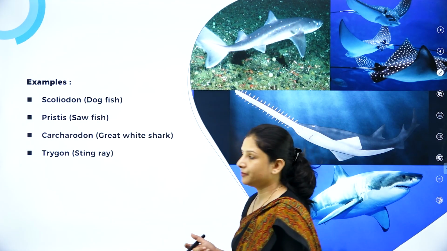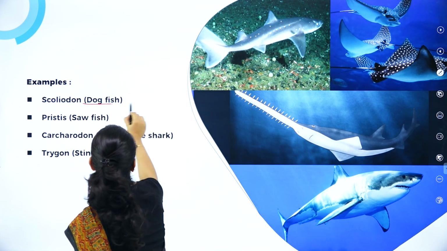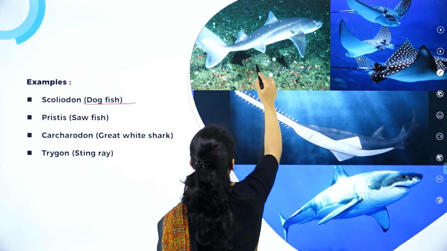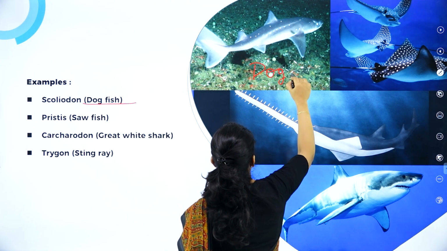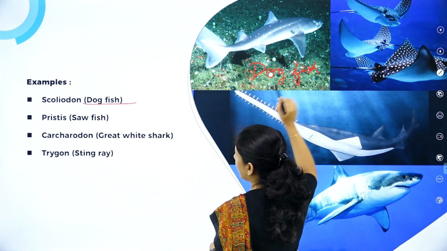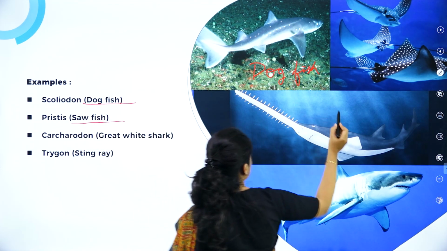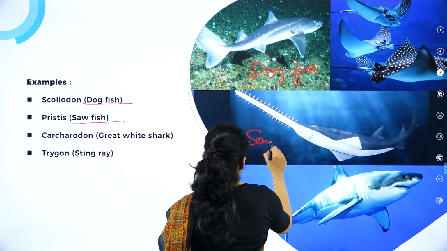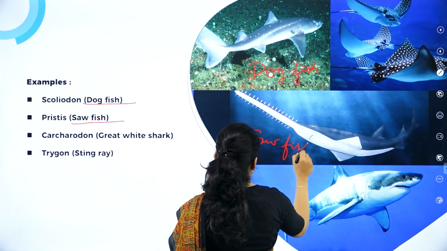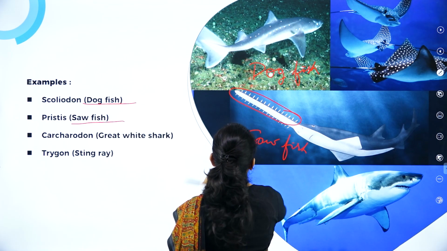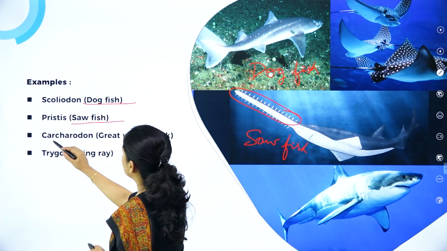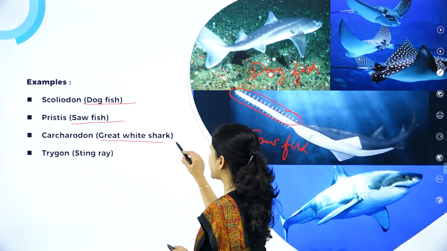Next, some of the examples: Scoliodon, which is called as dogfish. So this is dogfish, Scoliodon. Then we have Pristis, which is called sawfish. So this is the sawfish. If you see its snout, it looks like a saw only. Then there is Carcharodon, which is the white shark.